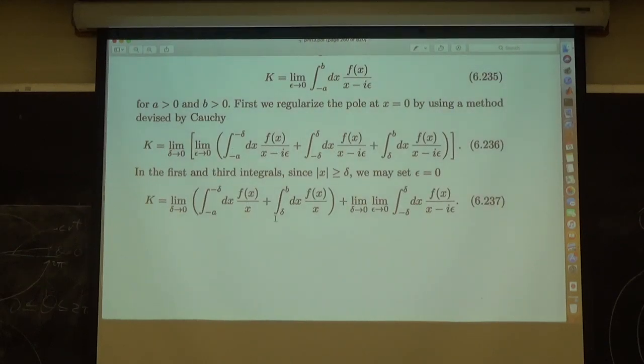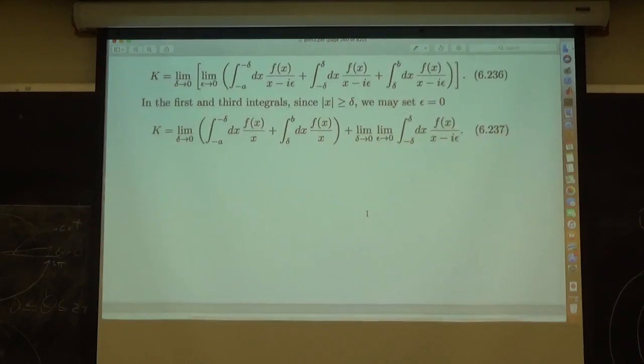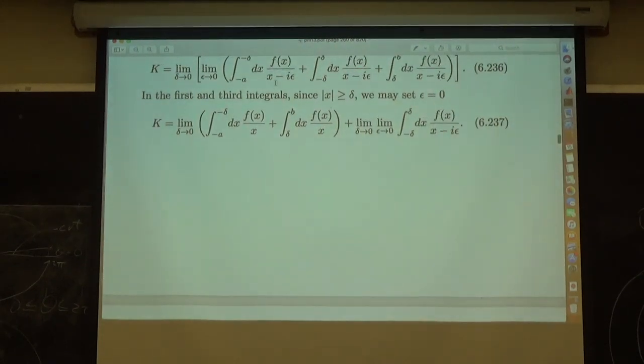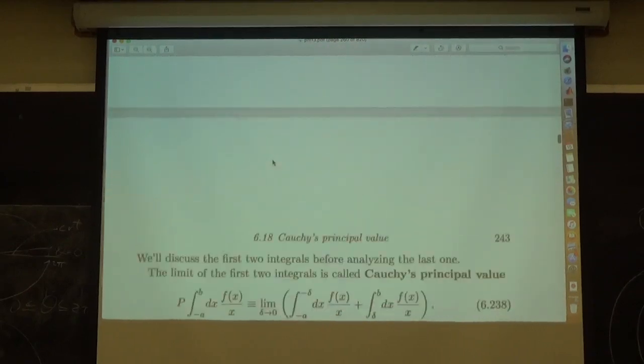So what we have then is an integral from minus a to minus delta of f of x over x, plus an integral from delta to b of f of x over x. And then we have this term here where we first take epsilon to 0 and then delta to 0. So Cauchy defined this limiting process to be his principal part.